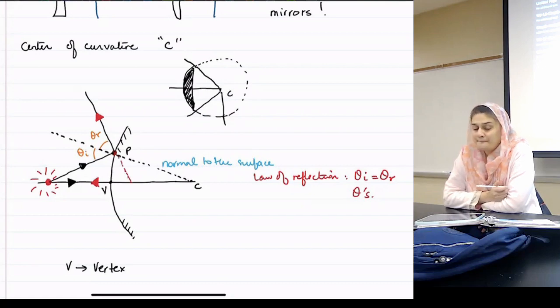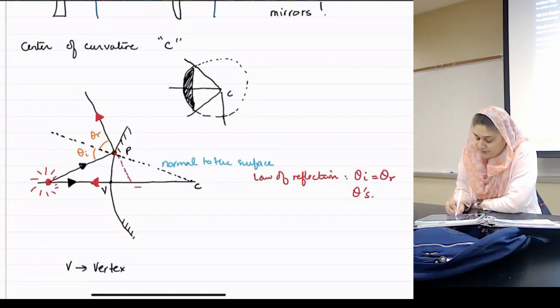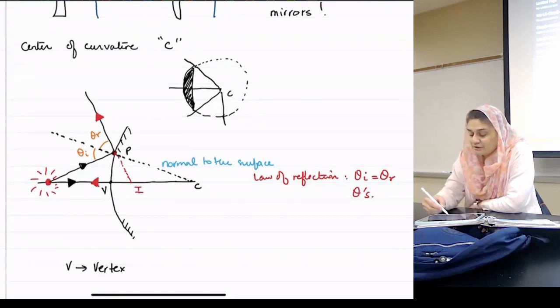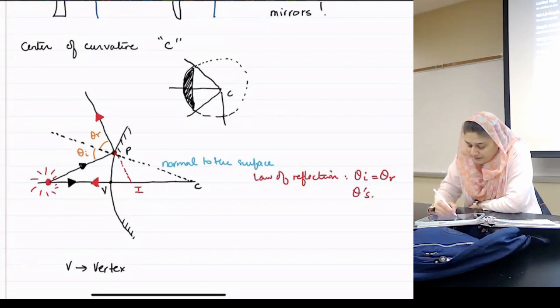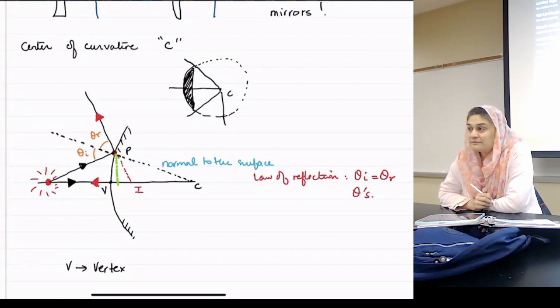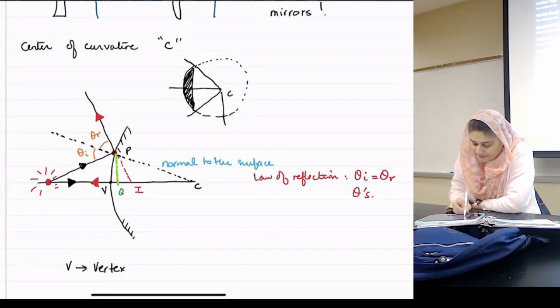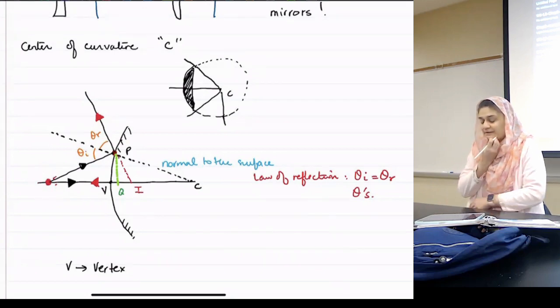I'm going to call this point I. And since I cannot ignore the thickness of the lens, I can redraw this line back, the green one, and I'm going to call this point Q. I'm going to erase these so we're not getting confused.